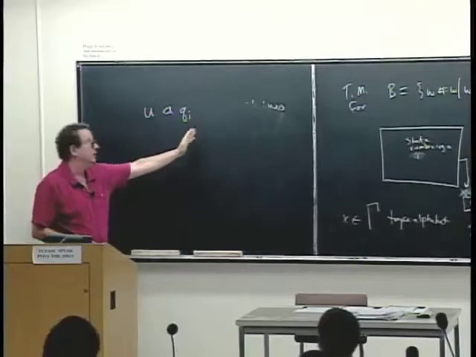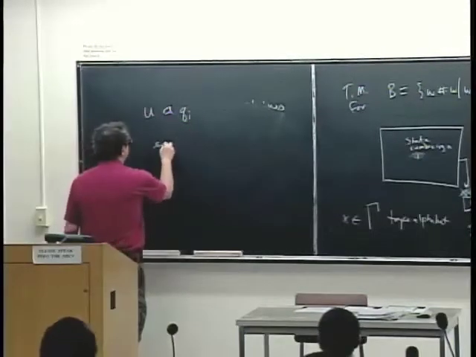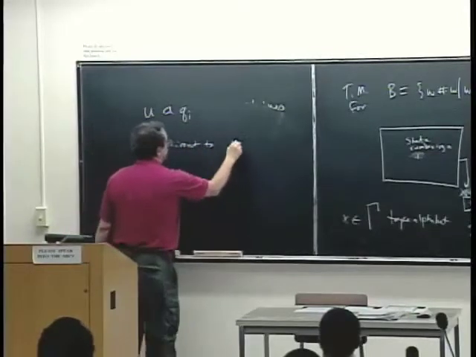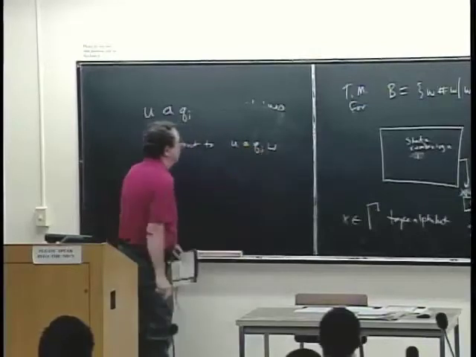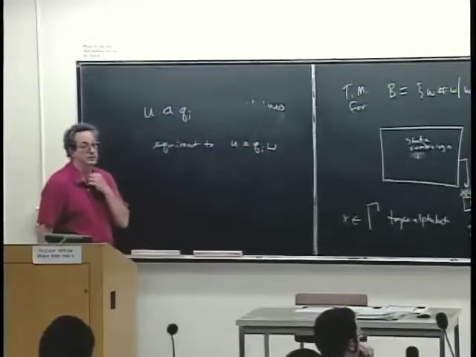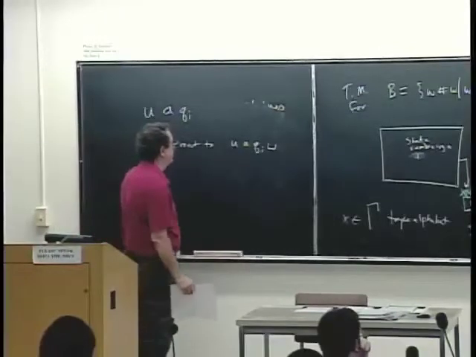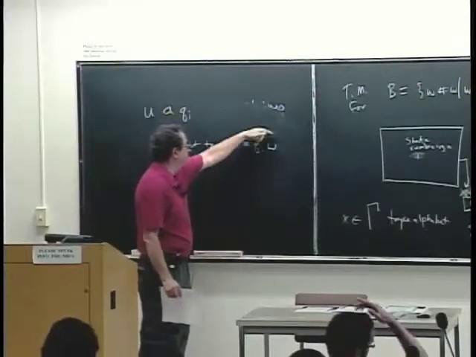And this is equivalent to UA, QI, and then a symbol that represents the space. So the change in configuration isn't really that different because you're reading this space.